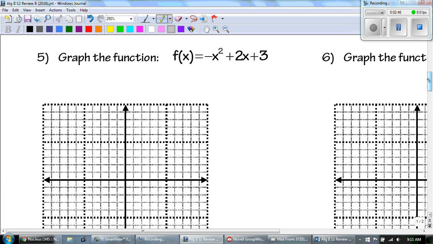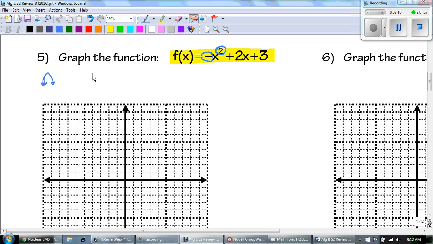All right, graph the function. So the function is negative x squared plus 2x plus 3. The first thing that I notice is that it's quadratic, and that it opens down. Now, I need to know the vertex.